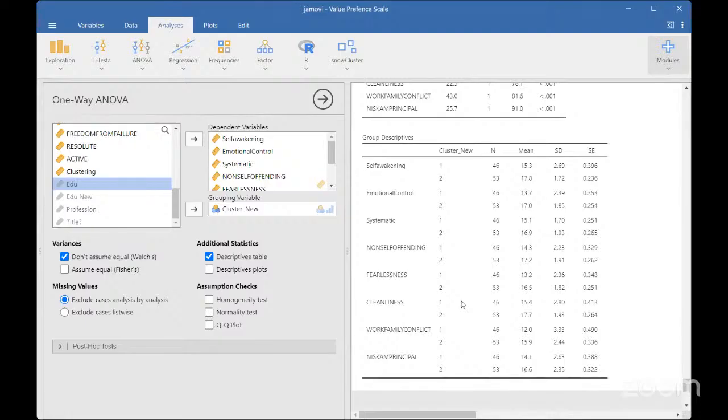Okay. That means this is the statistical model for psychological counseling and guidance.